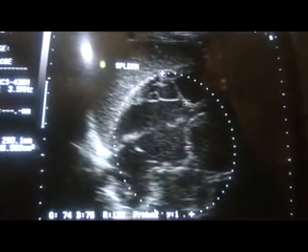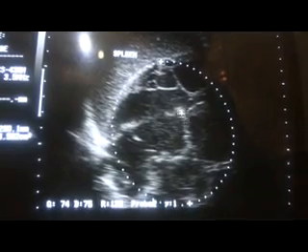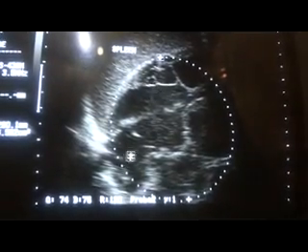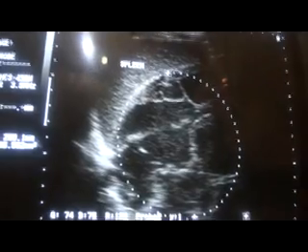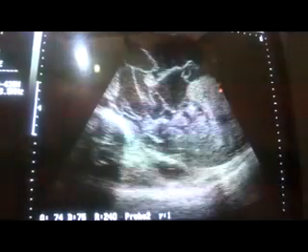So these are septa, these white lines that you see, thick and thin, X and Y shaped. These are the septa within the cystic area. These are septa within the cystic mass.